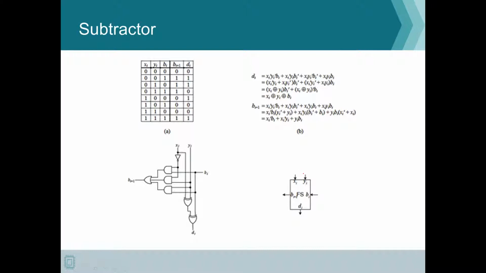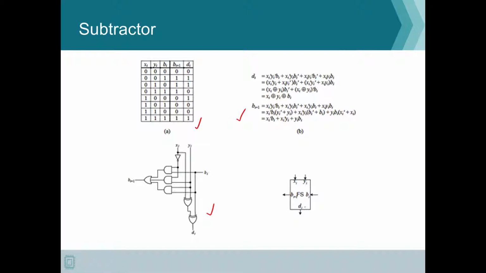So the next arithmetic logic that we're going to see is the subtractor. So this is actually the truth table, the circuit diagram, and the Boolean logic for the subtractor.